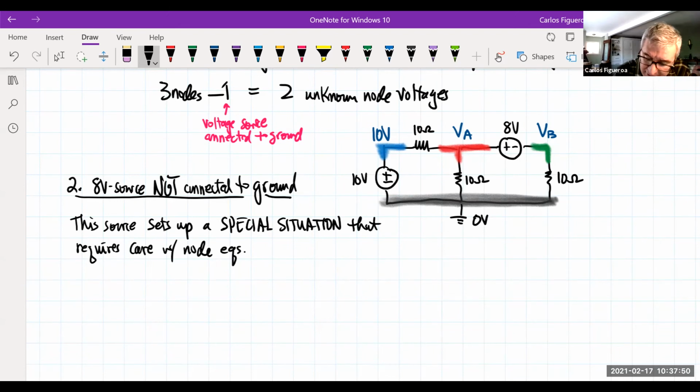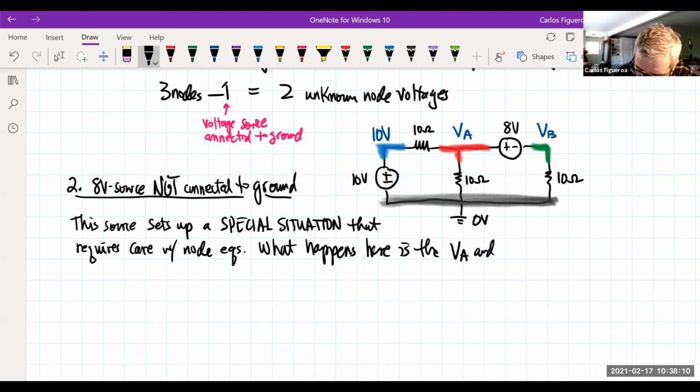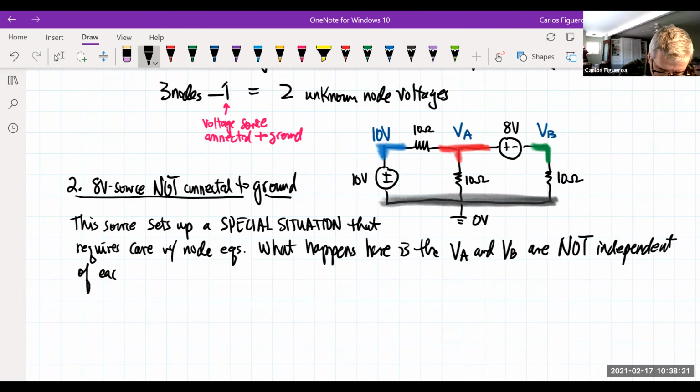What you're finding here is that VA and VB are not independent of each other.